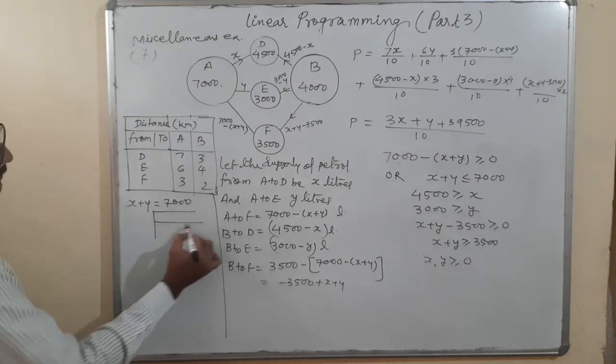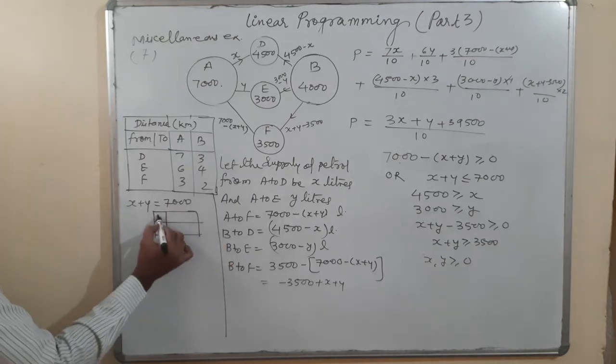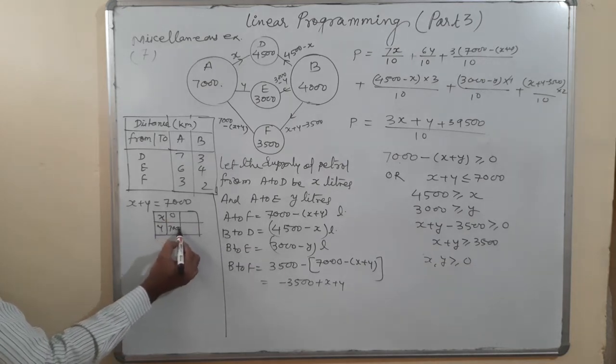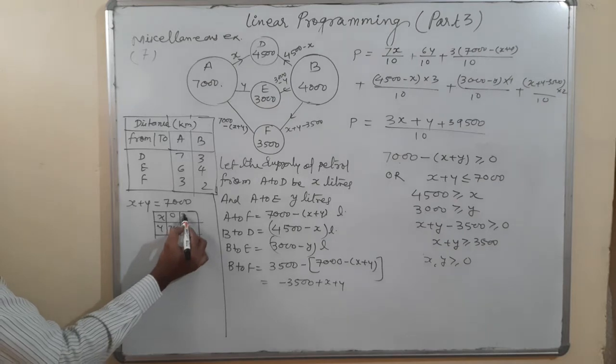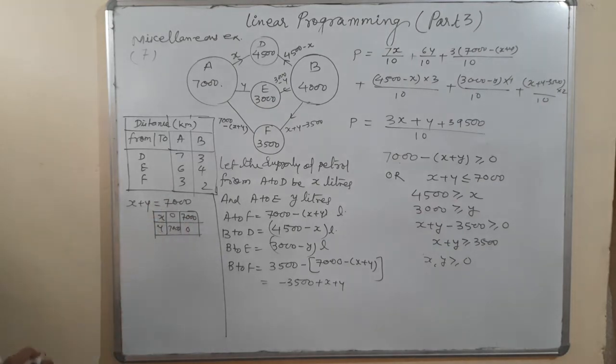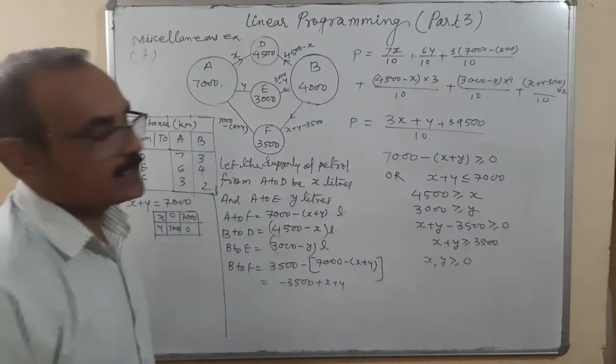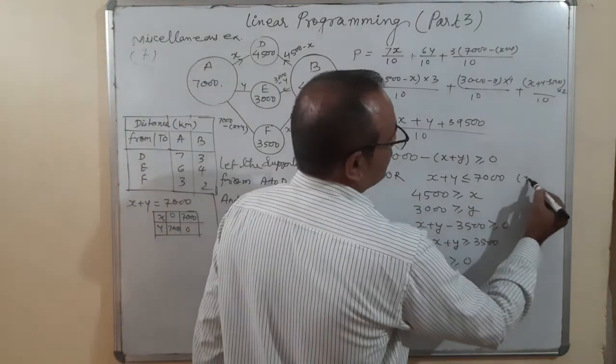Making a table: x, y; x 0, y 7,000; y 0, x 7,000. Does it contain the origin? Yes, it contains origin. So I am writing here yes.